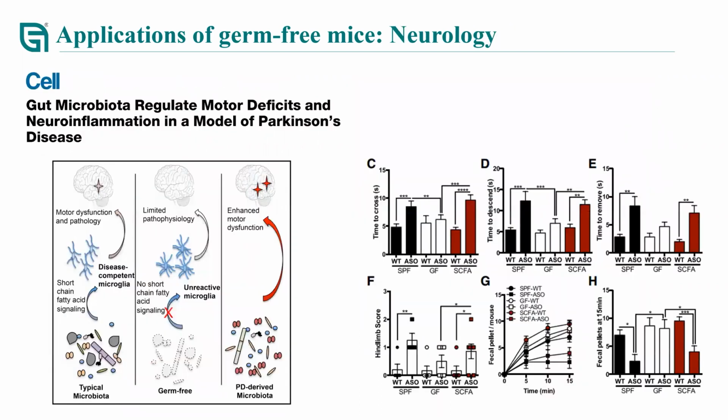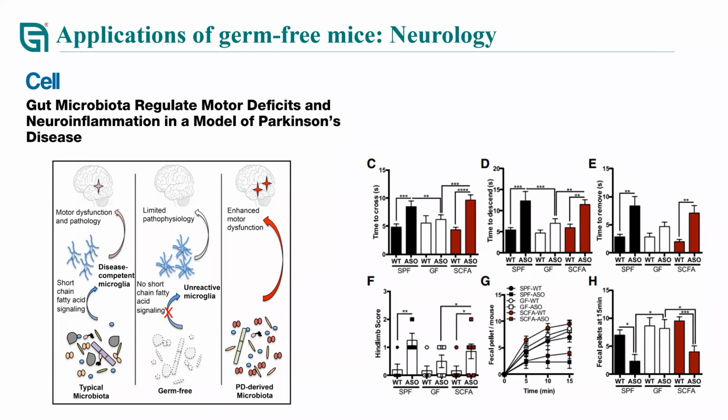For neurological research, gut microbiota can affect our neural system via the gut-brain axis. This paper demonstrates that gut microbiota enhanced the motor defects, microglial activation, and alpha-synuclein pathology.